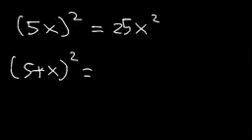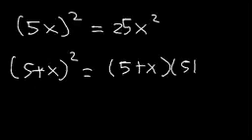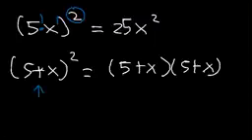Instead, you need to FOIL. This is 5 plus x times 5 plus x, which we've covered already. So notice that the 5 and x are multiplied. Therefore, you could distribute the 2 to the 5 and the x. But here we have a plus sign in between. Whenever you see that, you need to expand it like this and FOIL.